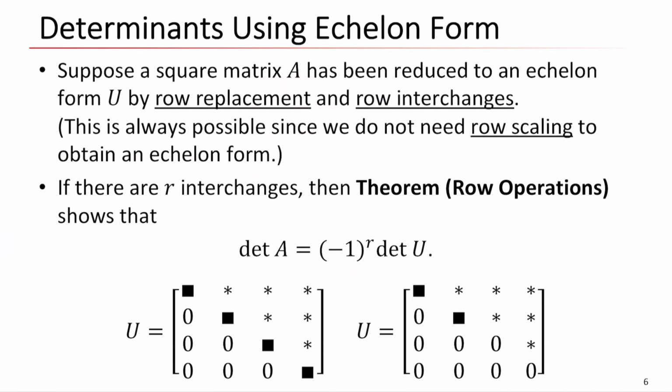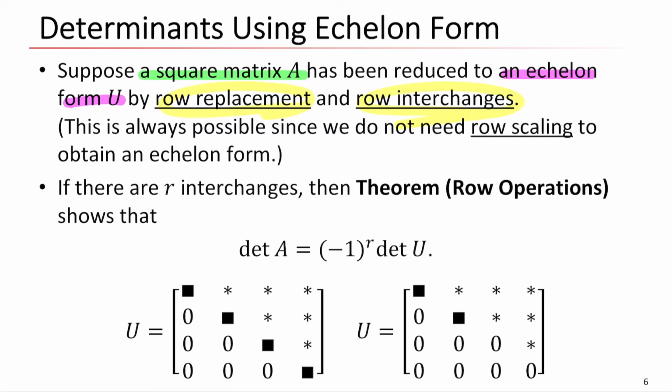Okay, so let's summarize what we have done so far. Suppose a square matrix A has been reduced to the echelon form U by row replacement and row interchange operations.